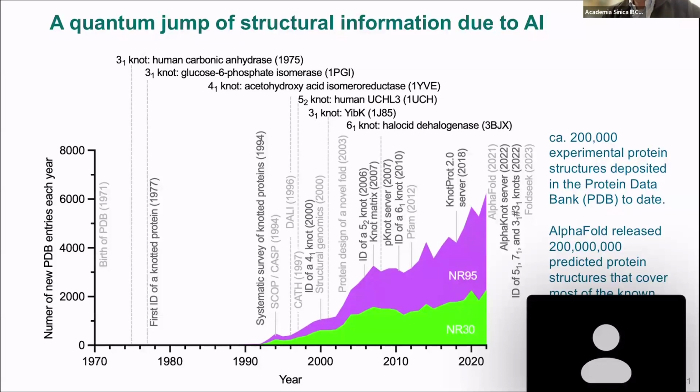But there is a threshold in the field of structural biology saying that if the sequence similarity is below 30%, then you will have more difficulty, or the confidence of the prediction will be lower.